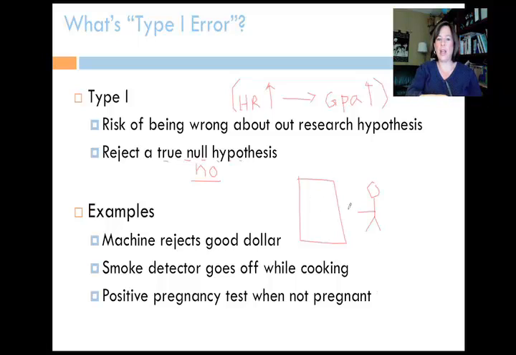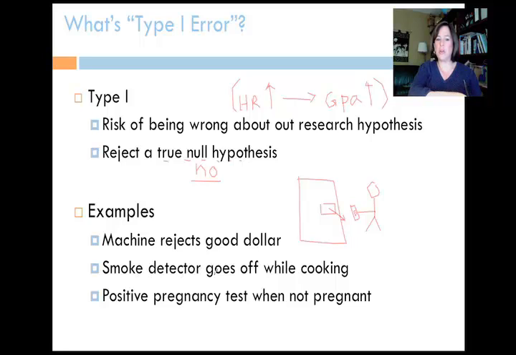So a type 1 error is that the person puts in a real dollar bill and the machine says no thank you and rejects it right back out. It's a real dollar bill, but the machine rejects it. That's a type 1 error.